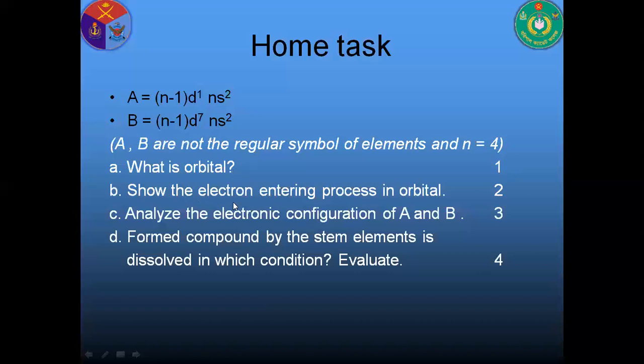The electron entering process in different orbitals, the electronic configuration of the STEM elements, and the last question: in which condition do they form compounds and dissolve? It is a metal, it forms covalent and ionic compounds and complex compounds, and dissolves in polar solvents. In this way, you answer all the questions and submit to me.